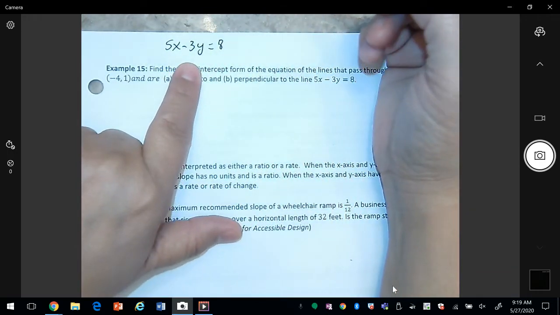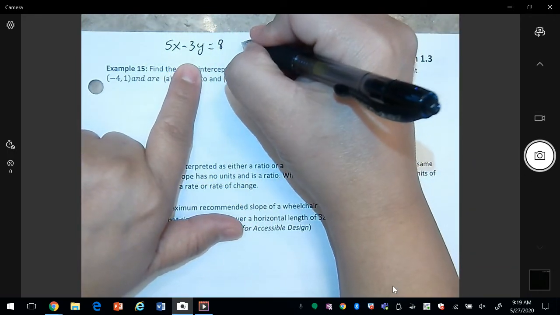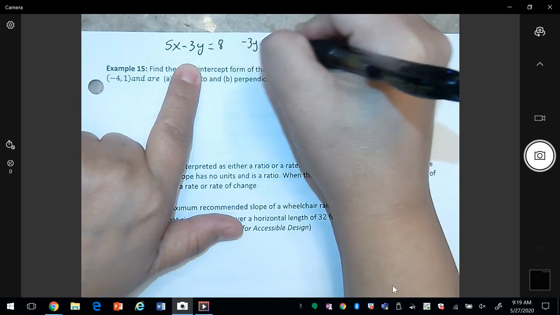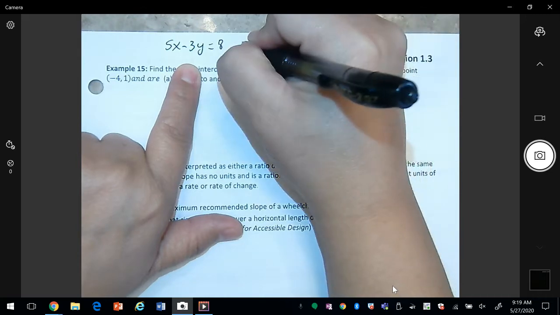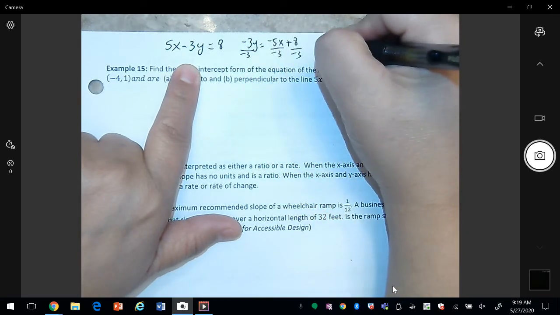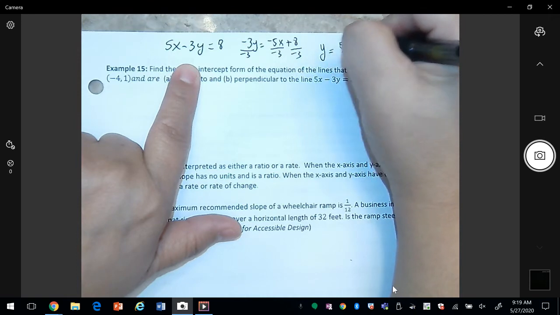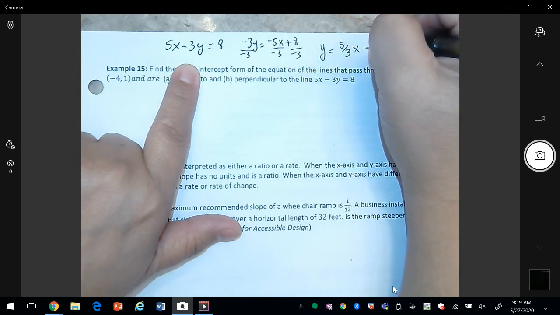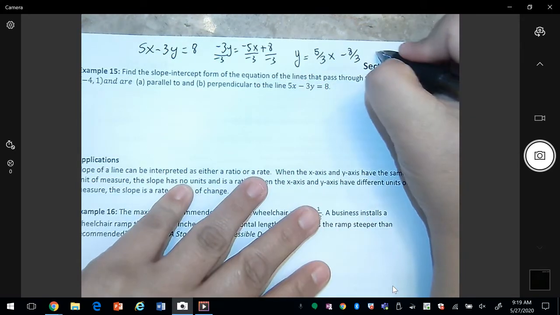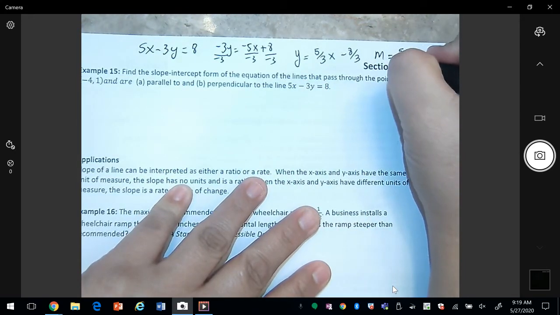So I'm going to solve for y. So I'm going to subtract 5x on both sides and divide by -3. So y is equal to 5/3 x minus 8/3. So all we want from this line is going to be the slope, which is 5/3.